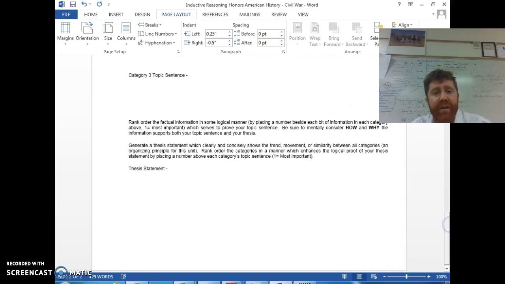So the last thing that you need to do is to generate a thesis statement which clearly and concisely shows the trend, movement, and similarity between all the categories now. Rank order the categories in a manner which enhances a logical proof for your thesis statement by placing a number above each category's topic sentence. Here's my most important category, second most, third most, and so on. So your thesis statement is essentially the entire argument that you're going to try to make for this paper.